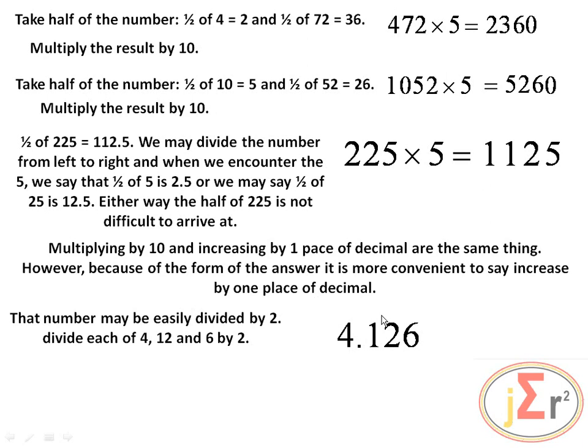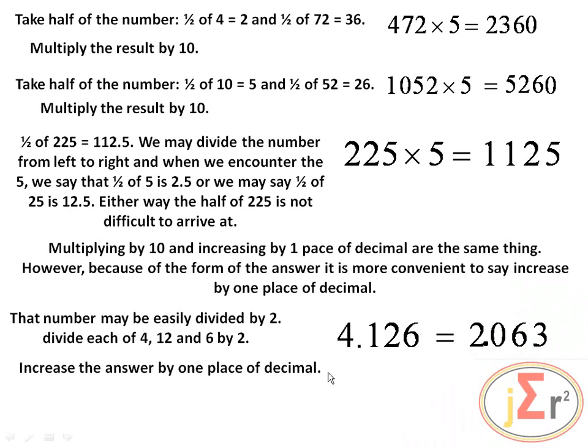We can't, so we put a 0 and then say 2 into 12 is 6, and 2 into 6 is 3. So there we have 2.063. All we need to do is increase the answer by 1 place of decimal, and that is all there is to it.